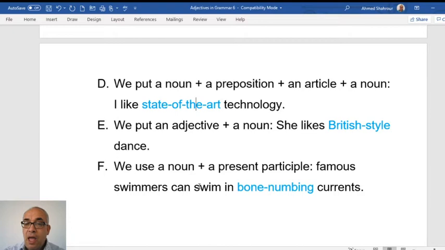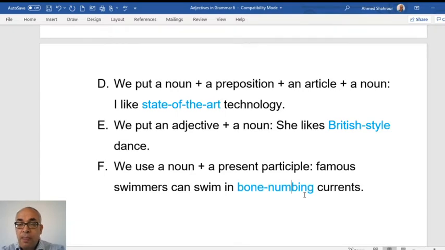F, we use a noun plus present participle. So famous swimmers can swim in bone-numbing currents. So bone is a noun. Numbing is present participle because it has got an ing, and I explained present participle in other videos on adjectives.